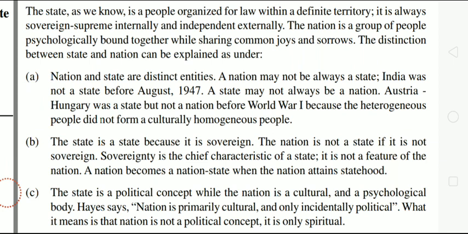C. The state is a political concept while the nation is a cultural and psychological body. Hayes says nation is primarily cultural and only incidentally political. What it means is that nation is not a political concept, it is only spiritual.